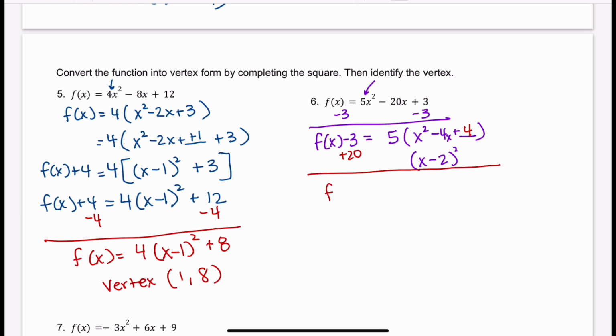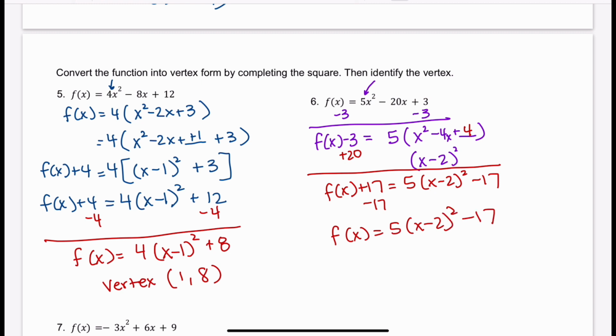So I'm going to have f of x plus 17 equals 5 times (x - 2) squared. And then I'm going to subtract 17 from both sides. So my function will be f of x equals 5 times (x - 2) squared minus 17. And so my actual vertex will be positive 2, negative 17.